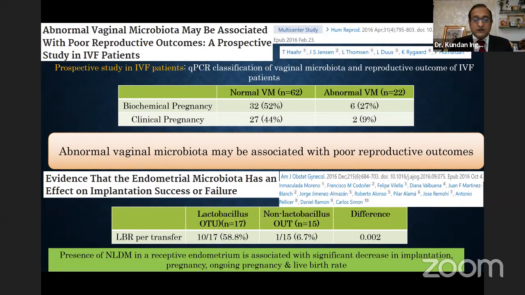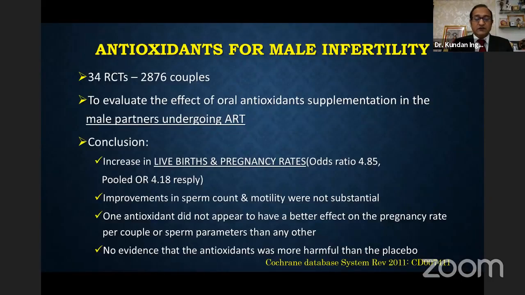So we need to understand that the presence of non-lactobacillus microbiota, even with a receptive endometrium, is associated with a significant decrease in implantation, pregnancy, ongoing pregnancy, and live birth rate. So we now have quite a few papers coming up in the last 2 years about supplementation of microbiota, which will help to have a good colony of these bacteria in the endometrium as well as in the vagina.